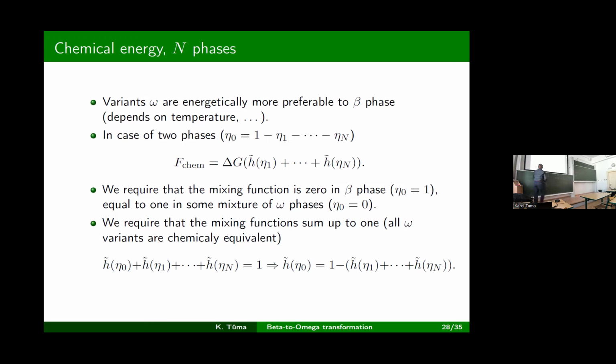Because they are chemically equivalent, we want the sum of this unknown mixing function to be equal to 1. And that is why we can express this as 1 minus h tilde eta 0.